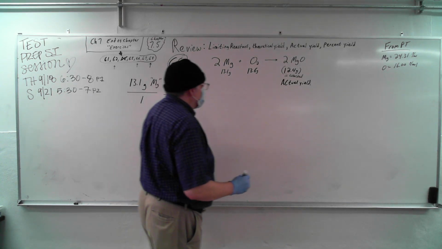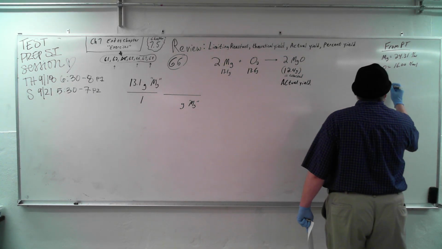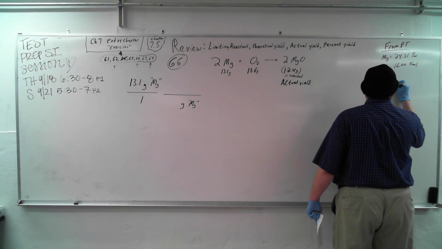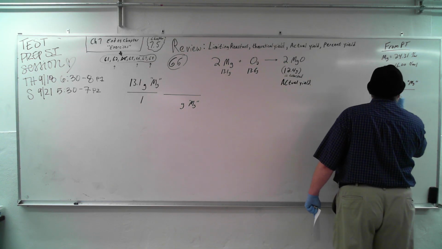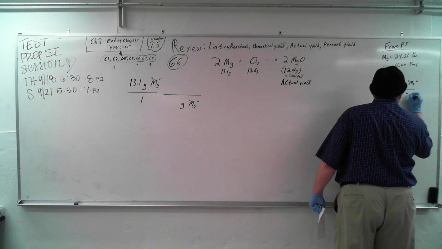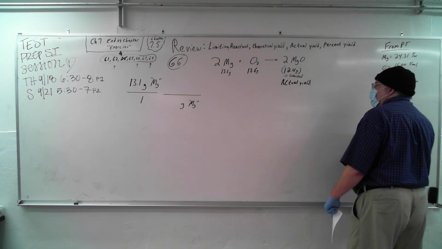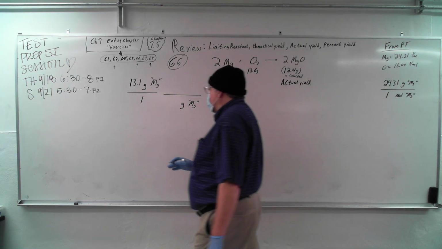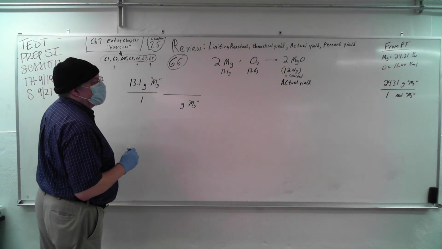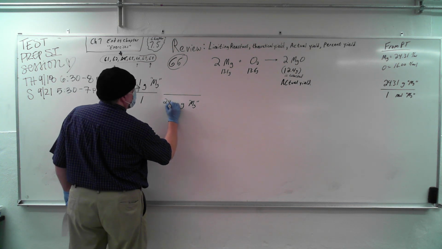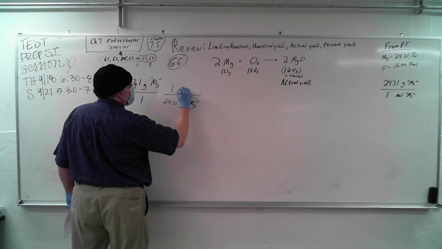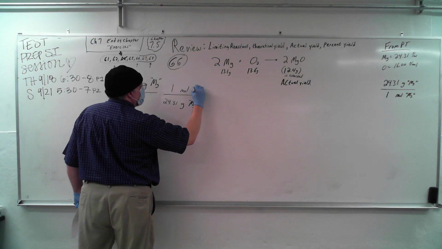Since it's just Mg, that means 24.31 grams of Mg is 1 mole of Mg. It's not a formula, it's literally just the atom, so you can get that straight off the periodic table. Mg is 24.31 grams is 1 mole of Mg.